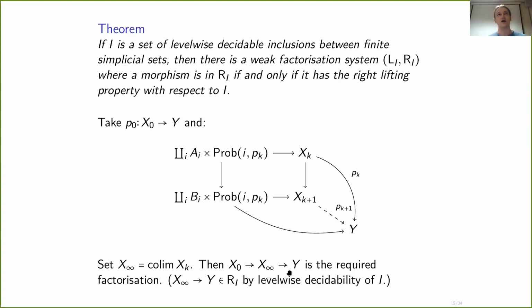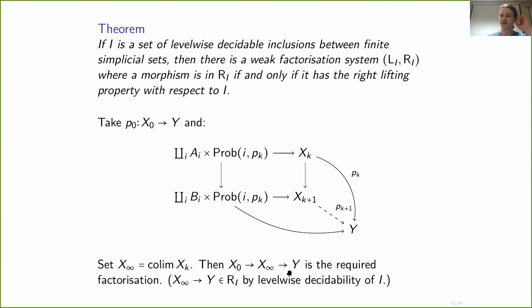So a natural idea would be to say, for example, let's take the minimal natural number k such that my lifting problem factors through Xk, and that works. The problem is that constructively, not every inhabited subset of natural numbers necessarily has a minimum.